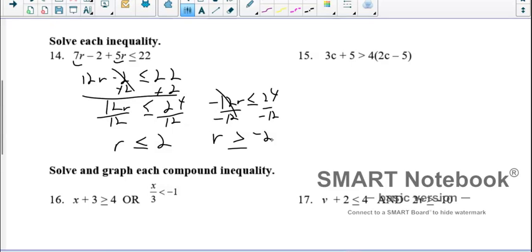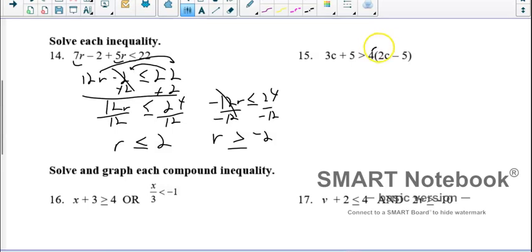And if you think about it, I could have moved this over there and that over there, right? Which would have put my r on the positive, on the greater side, and the 22 would be negative. And if it was a negative 12, then it would be positive, and it would have been on the greater than or equal side. So that's why we flip the symbol when we multiply or divide, because it could have been on the other side if we just moved it around.